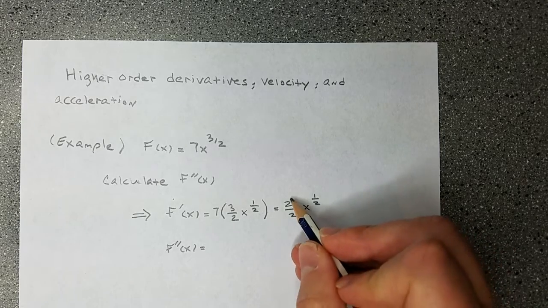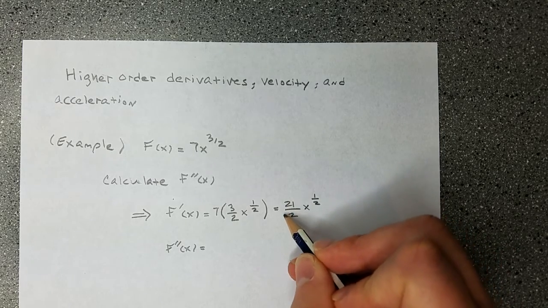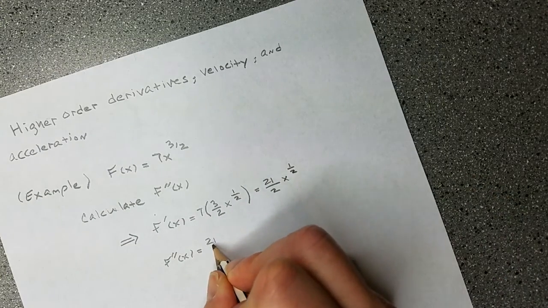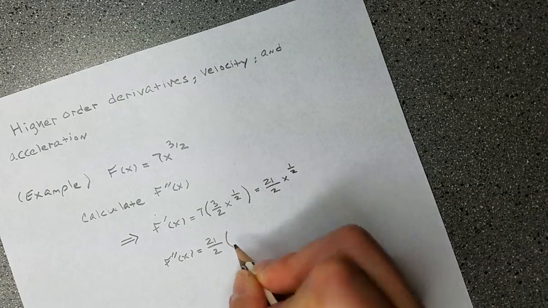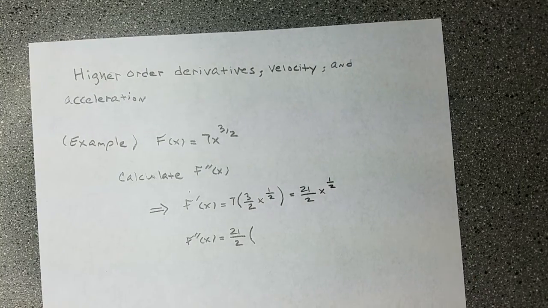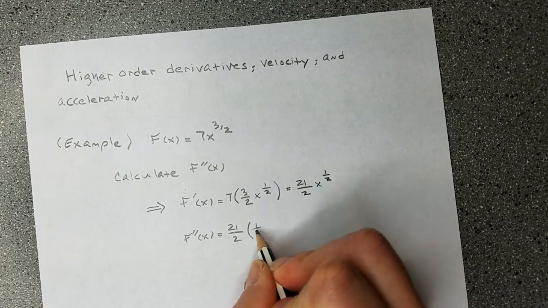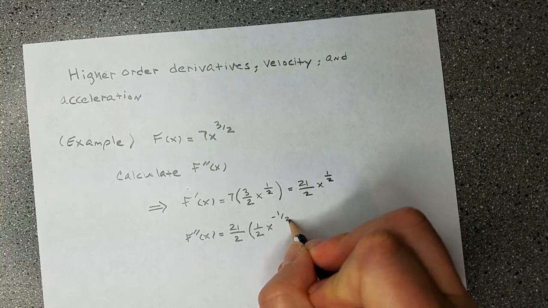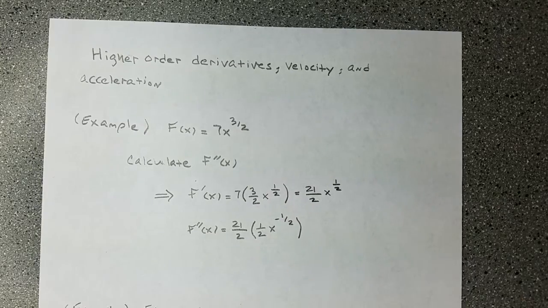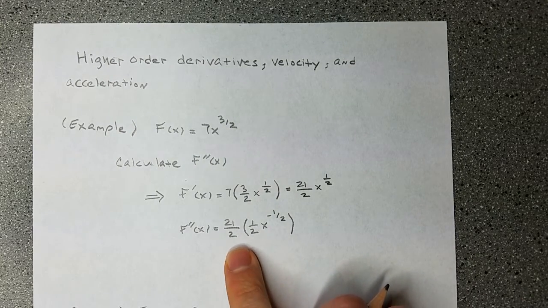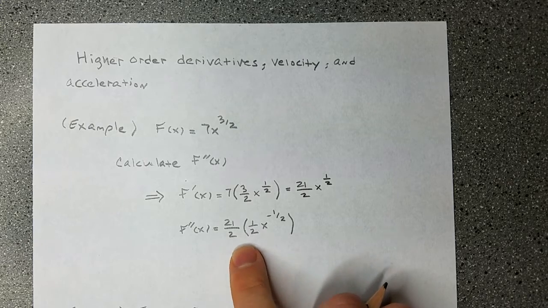Well, again, that's 21 over 2. That being a constant where it is right there, we carry it down and we multiply it times the derivative of x to the 1/2 power, which would be 1/2 x to the negative 1/2 power. Okay, so and then there's your second derivative, where who knows, maybe you could simplify that, maybe you can't.